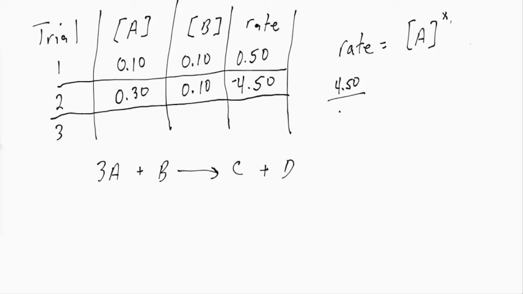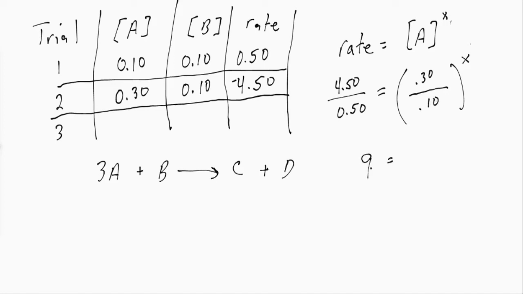The rate of trial 1 is 0.50. And that's going to be to some power, the concentration in trial 2, which is 0.30, divided by the concentration in trial 1, which is 0.10.